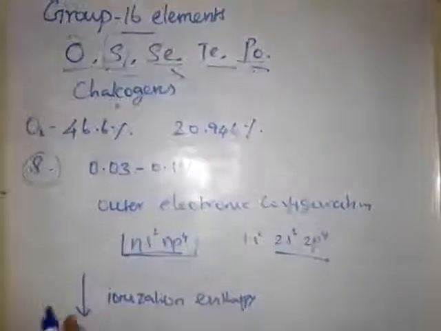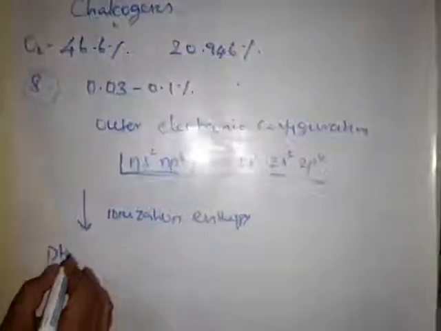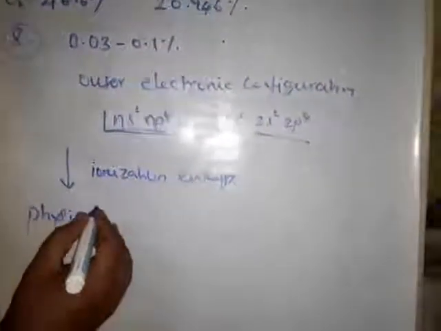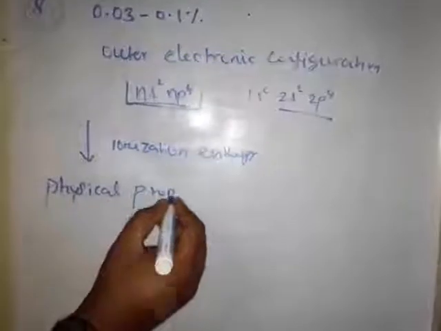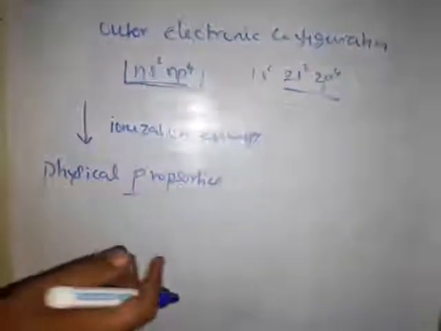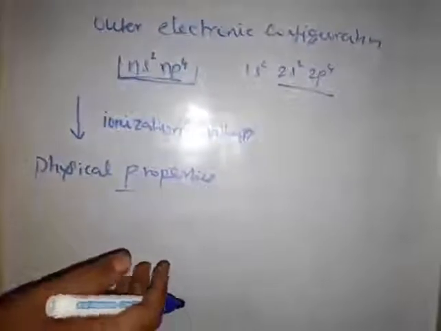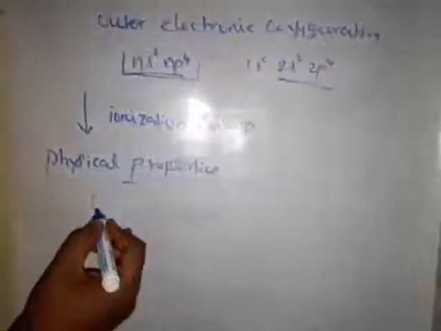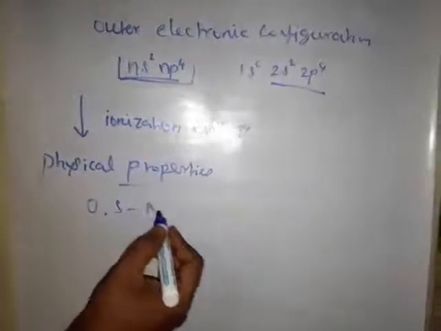Then the physical properties. Oxygen and sulfur are non-metals.